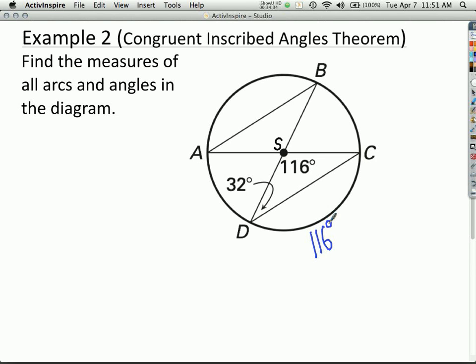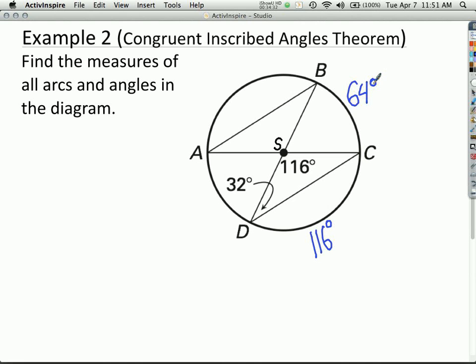Team B, student number 5. Give me something that your team discovered. Arc BC is 64 degrees. That is correct. How did you prove that? Catalina, how did you prove it? Because you can see that it's like a linear pair, kind of.